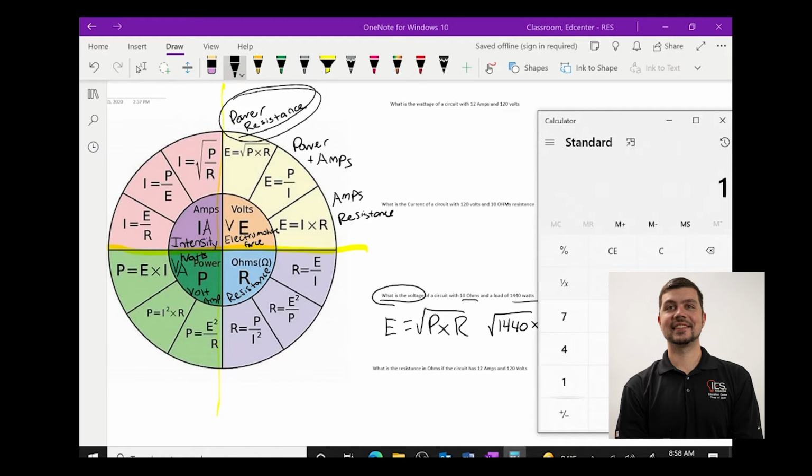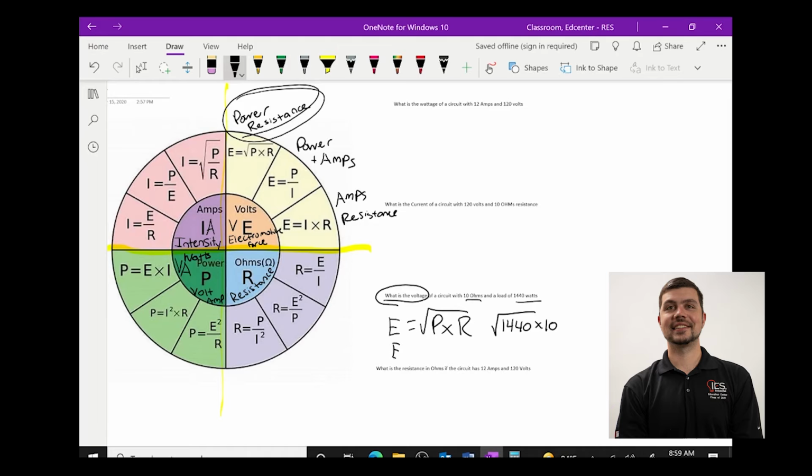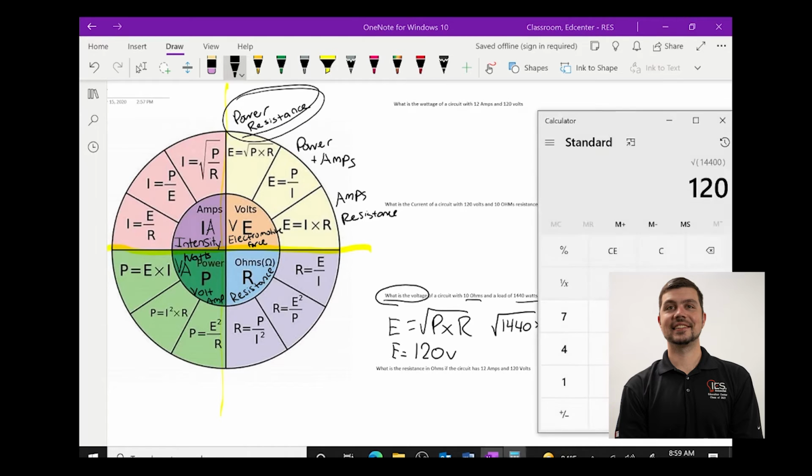Let's see, 1,440 times 10. Moving the 0 over a bit takes care of that right there. And then hit the square root button. E is going to equal 120 volts.